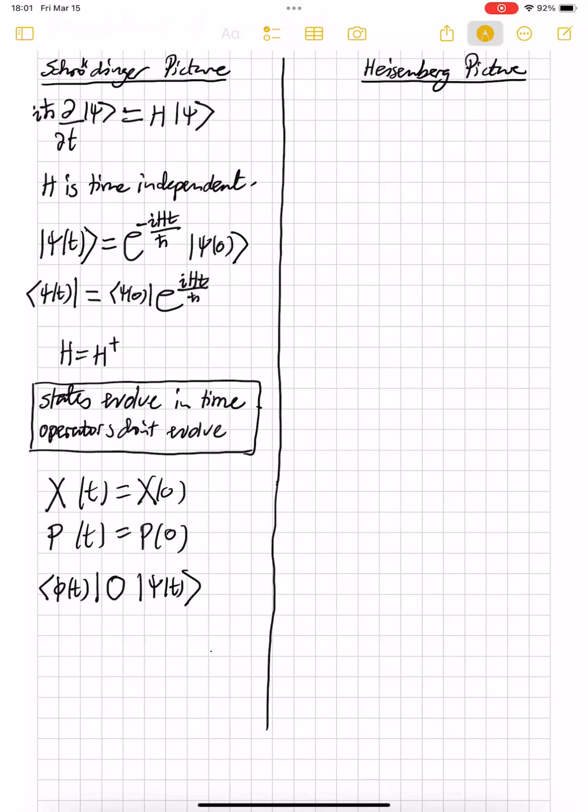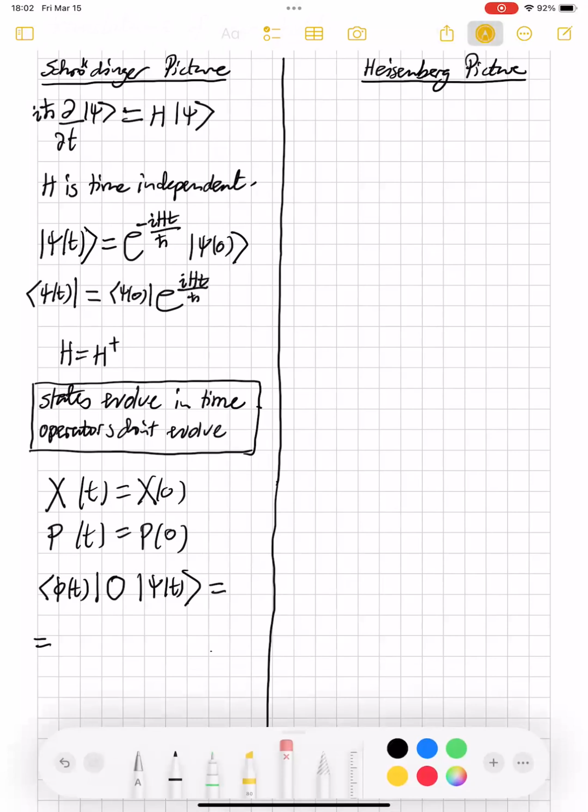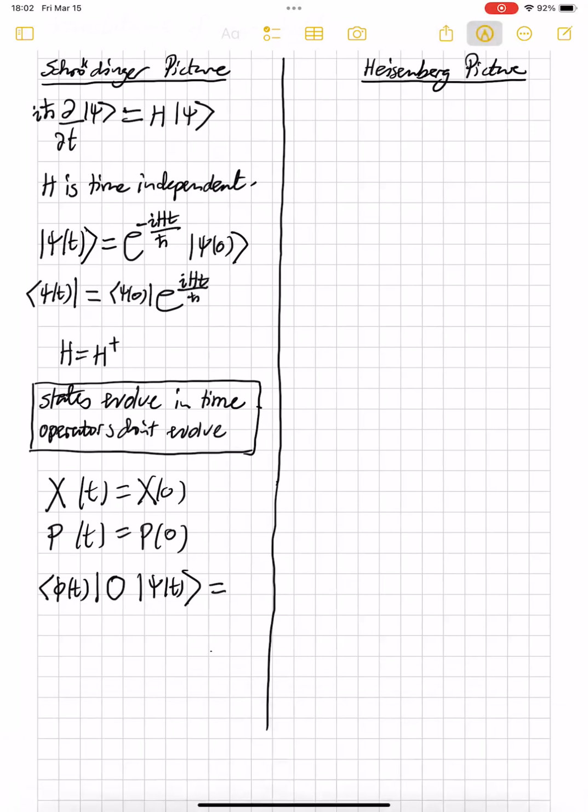Okay. Now, I'd like to write down what this quantity is. So what I'm going to do is, for the bra, I'm going to use the known time evolution of the bra, okay? In fact, I think I'm going to run out of space, so let me try to help myself. So this is equal to the bra at time naught, then I've got e to the i H t.